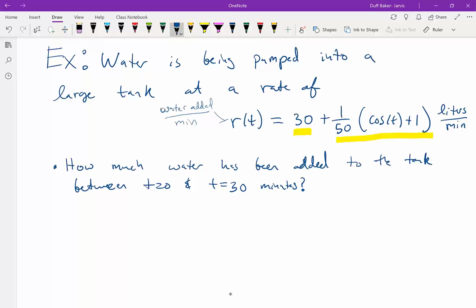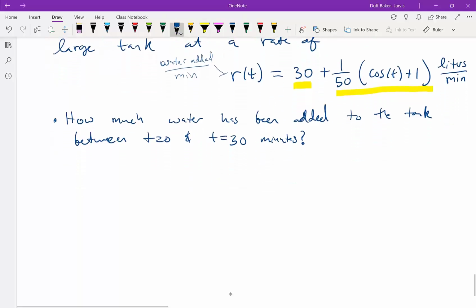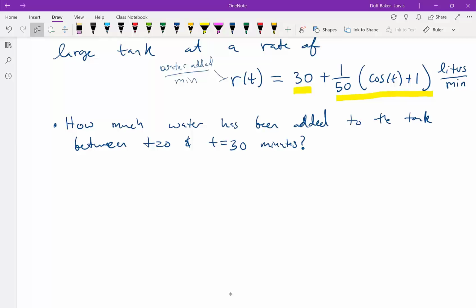There's this amount of liters added every minute, and that amount is changing a little bit. And so that's the rate of change of the amount of water added, right? So if we want to know the net change in the amount of water added, we have to integrate this, right? So this is an example where you would integrate the rate over your time period, and that will give you the amount it's changed by.